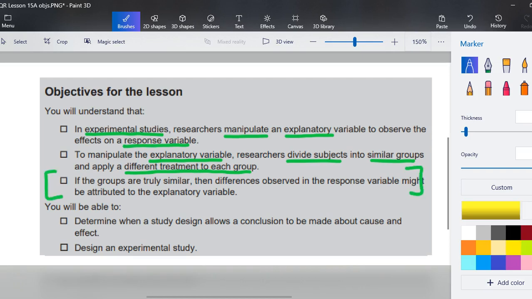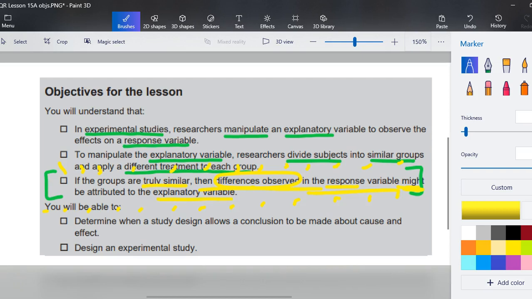Huge, highlight, underline, yellow, stars, neon signs. But the crux of this is, if the groups are truly similar, then the differences observed in the response variable might be attributed to the explanatory variable.